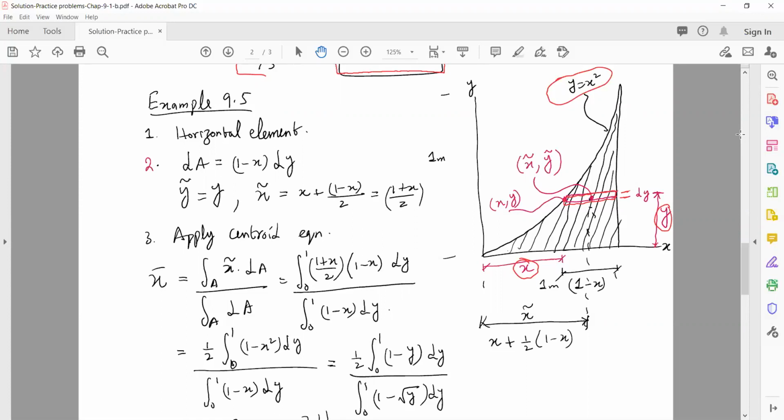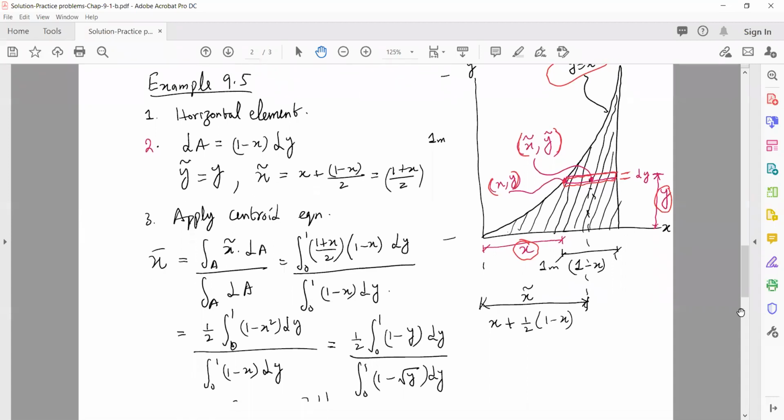Now the centroid of this element is x bar, y bar, right? And the start point of this horizontal element is x, y, because this is x and this is y. Okay. All right. So now we have everything done.